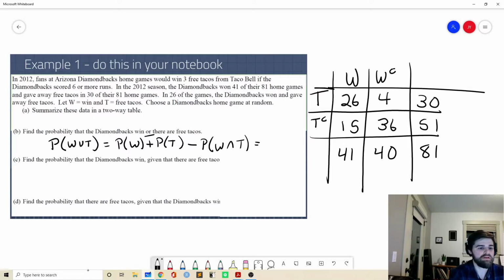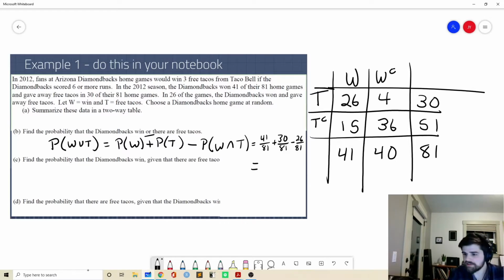Okay, so probability that they win is 41 out of 81. Probability of tacos, 30 out of 81. And we want to subtract the 26 that got counted twice here.